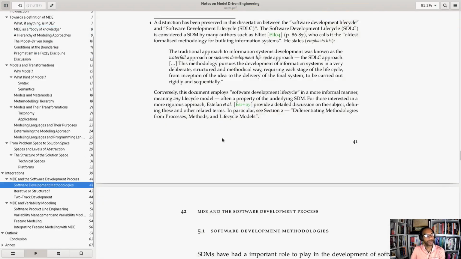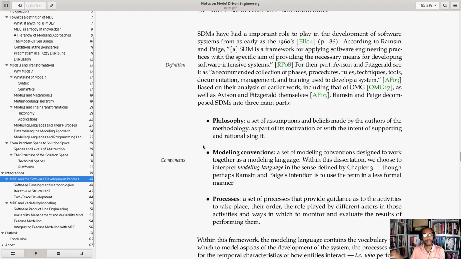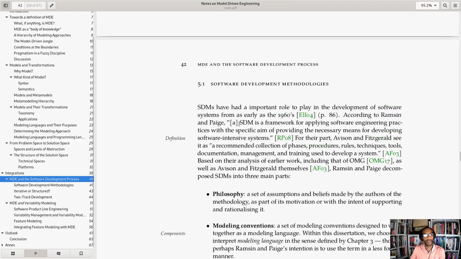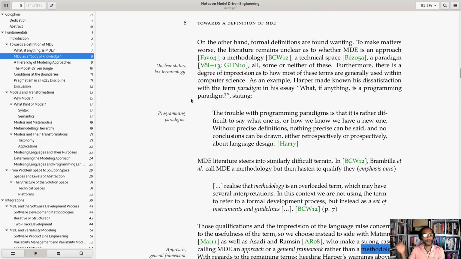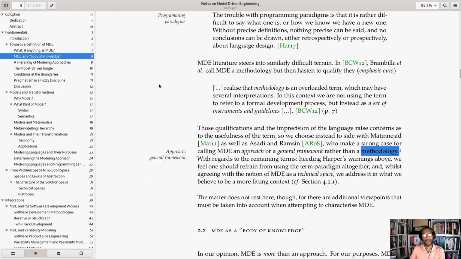We will cover later on what a methodology is. I don't want to get too involved in that because we don't want to jump ahead too much. But let's just say that from the perspective of what computer scientists call a methodology, you shouldn't really call model-driven engineering a methodology because it lacks a lot of the characteristics of a methodology.